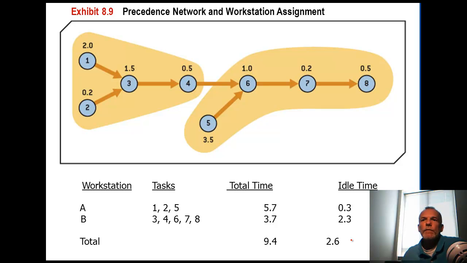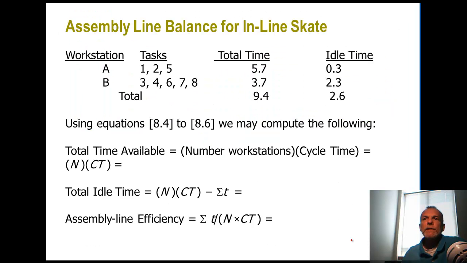Now let's do the last set of problems, and we'll build on what we've just done. Total time 9.4, idle time 2.6, 2 workstations. And remember our cycle time is 6 minutes. The first question here was total time available, number of workstations times cycle time. We have 2 workstations, and the cycle time was 6, so it would be 12 minutes.